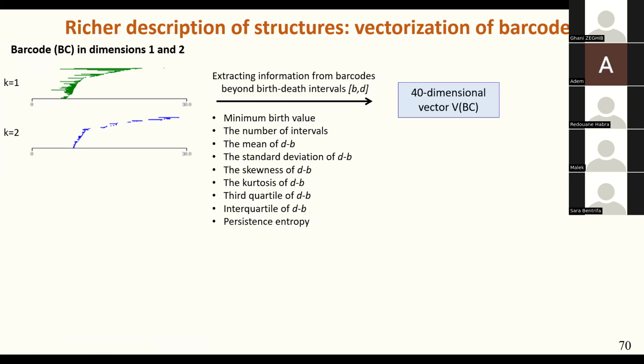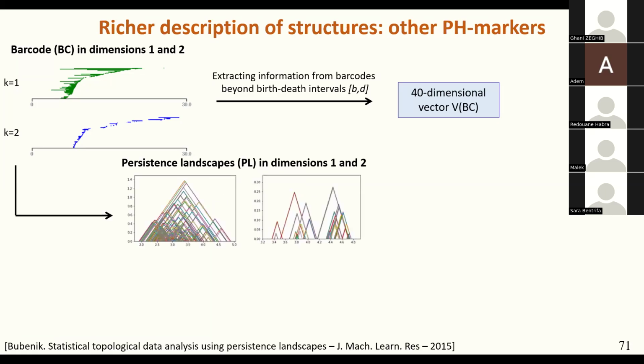And I wanted to go beyond this. So I saw what is generally done in the literature, and I found that in 2015 there is Peter Bubenik who had a similar intuition. He wanted to do some statistics on barcodes to be able to use them in machine learning tasks.